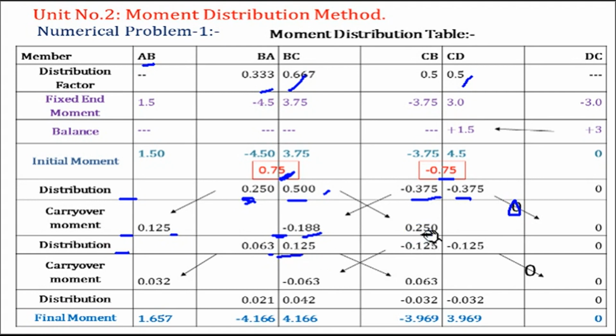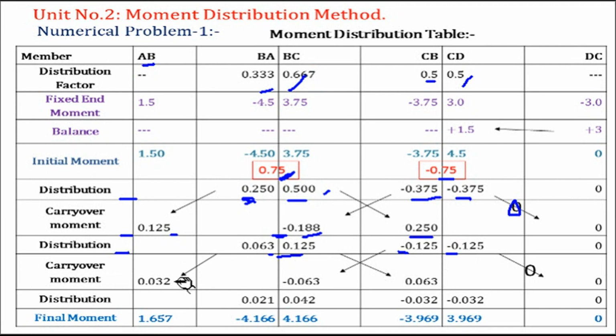Now next is carry moment, 0.250 into 0.5. Now positive sign you have to take minus 0.125. Again 0.250 into 0.5, so you have minus 0.125. Now the next step is carryover moment.